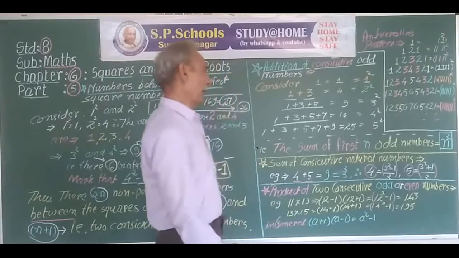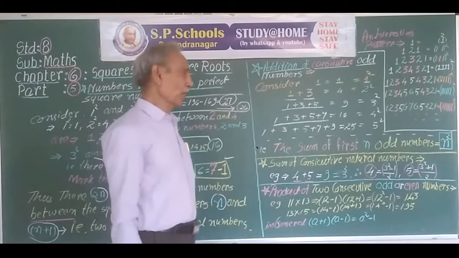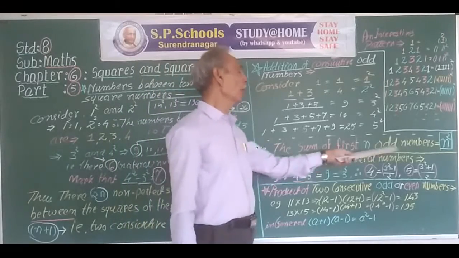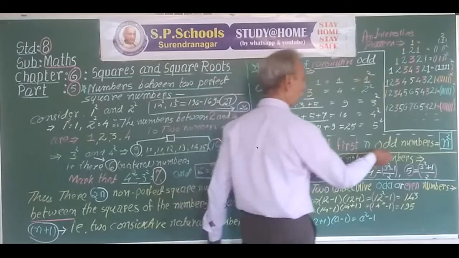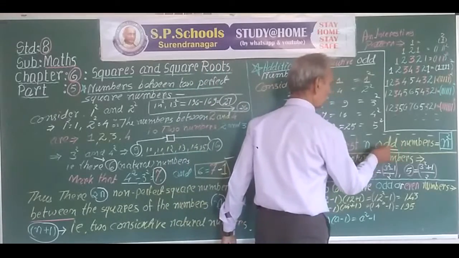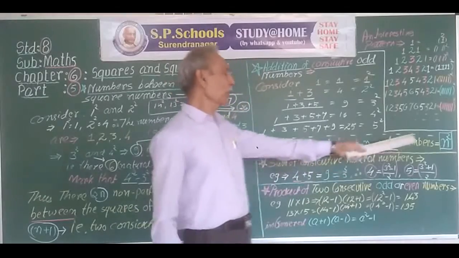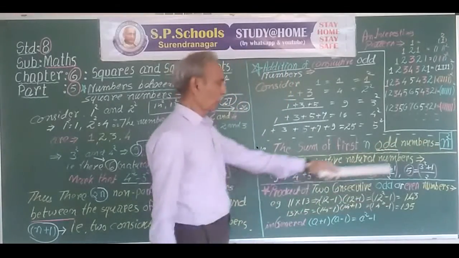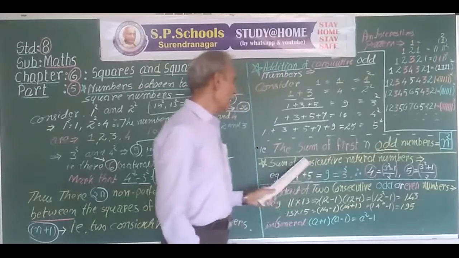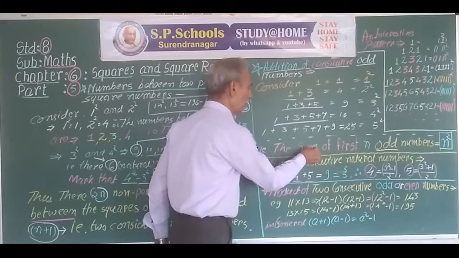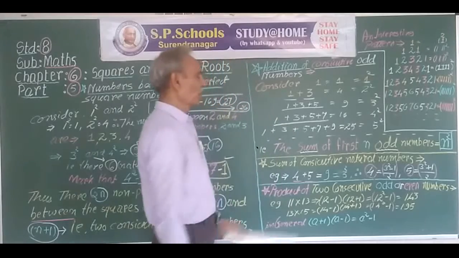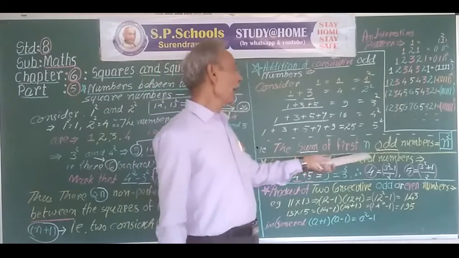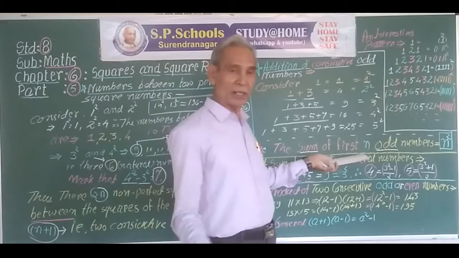So any square can be expressed as the sum of the first n odd numbers. Mind it well. Any square can be expressed as the sum of odd numbers beginning from 1, as many as you wish.